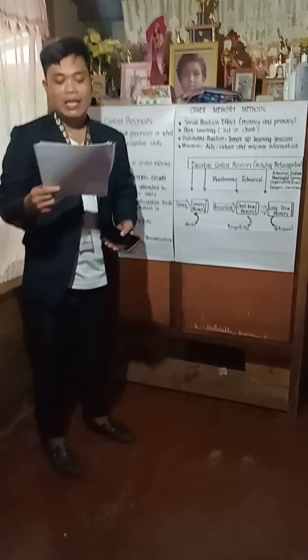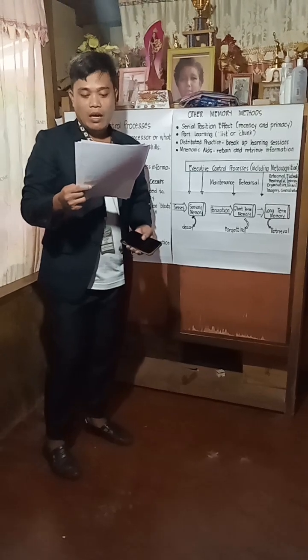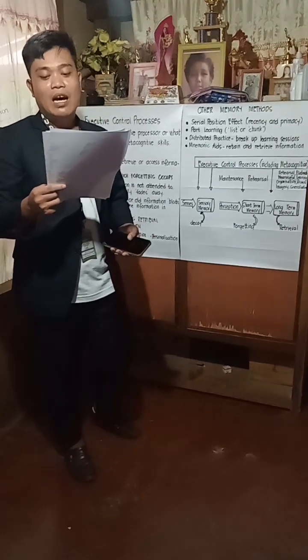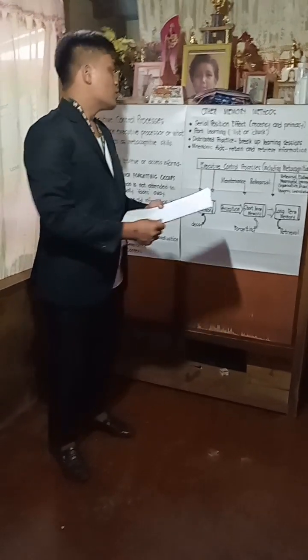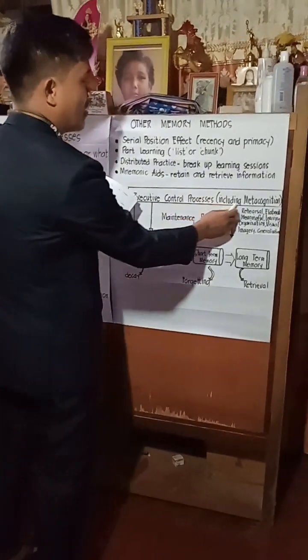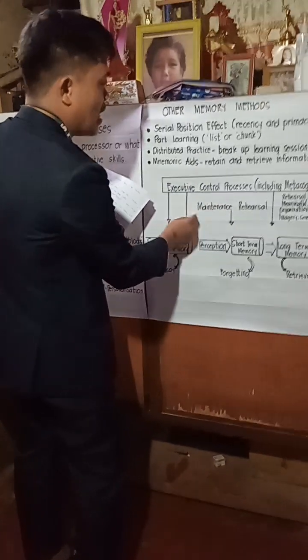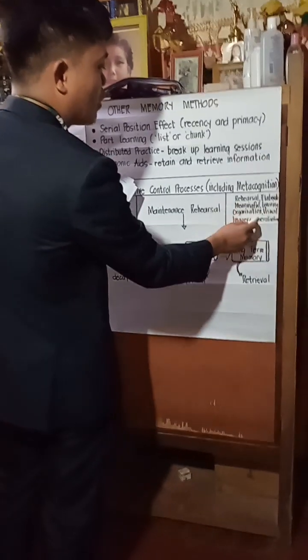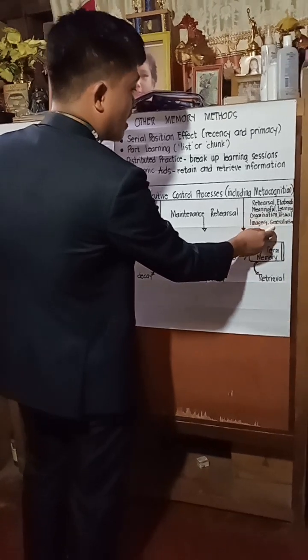This includes the loci technique, acronyms, sentence construction, big word, and association techniques, among others. Now we have here the figure of the executive control process, including metacognition. In this part, we have maintenance rehearsal, elaboration, meaningful learning, organization, visual imagery, and the last is generalization.